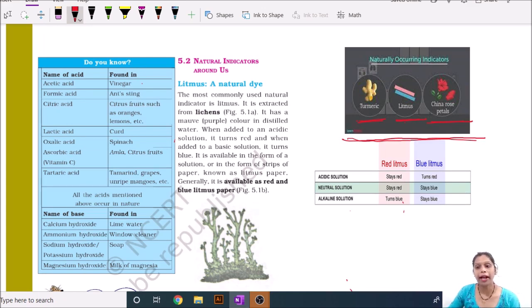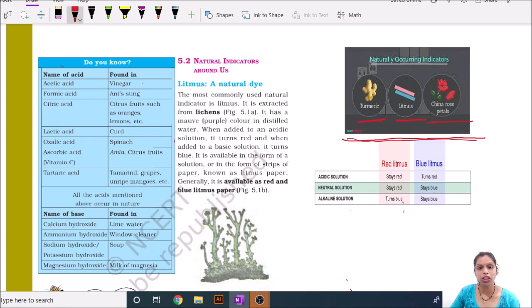Before knowing about the indicators, firstly we will study which types of acids or bases are in the substances we use in our usual lives.